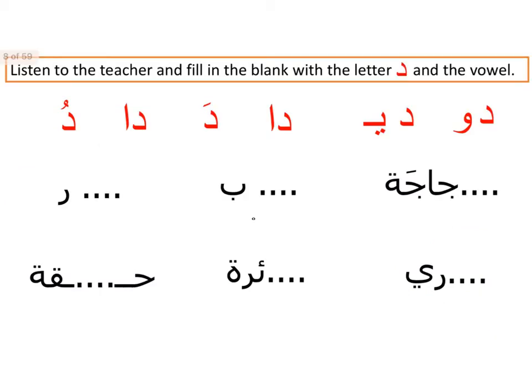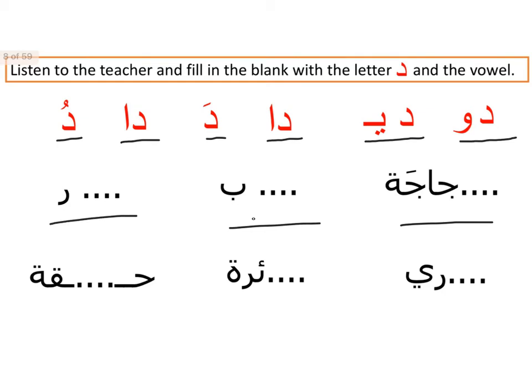In this exercise, we are going to do something like spelling. On the top, you have the letter da with the vowel written in red. You have the letter da with the vowel u, do, di, da, and do. And you are going to fill in the blank inside these words with the correct letter da and the correct vowel.